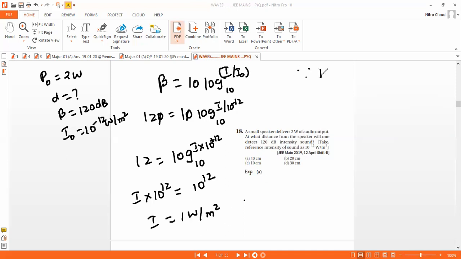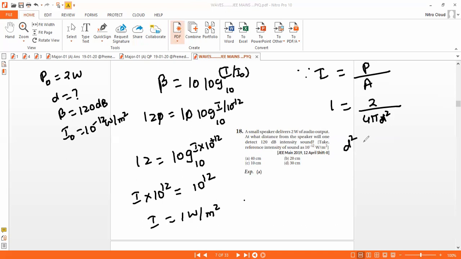Since intensity equal to power by area, 1 is equal to 2 by area, that is 4 pi r square. I consider the distance d, so 4 pi d square.